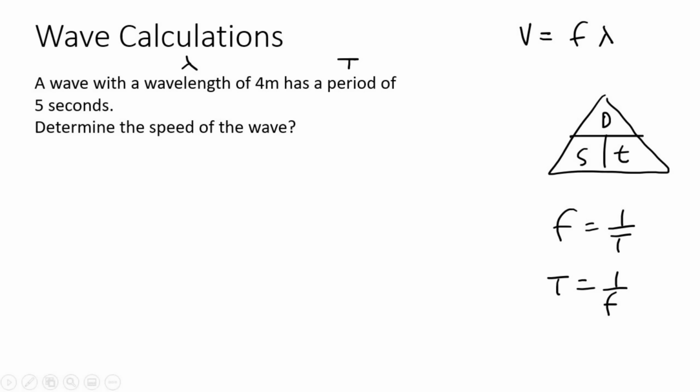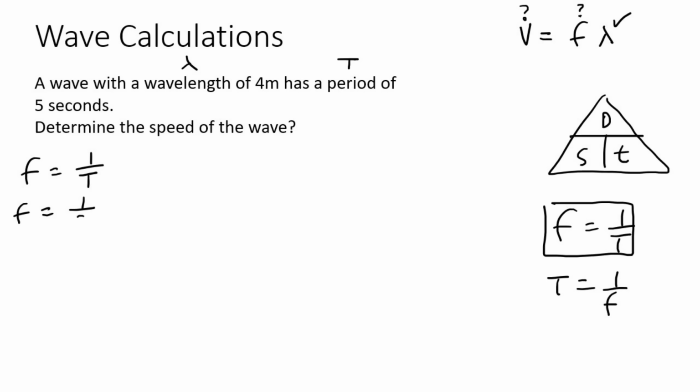So we've got wavelength, okay? But we don't have, and this is what we're trying to calculate, the speed or the velocity, and we don't have the frequency. But we do have the period, so we could use this formula. We could say that f is equal to 1 over T, so the frequency is 1 over the period, which is 5, and so the frequency would be 0.2 hertz.